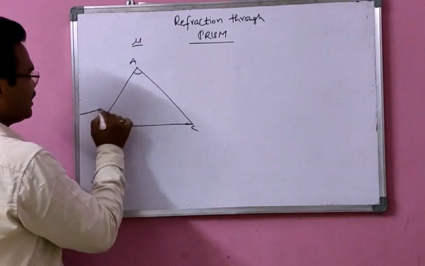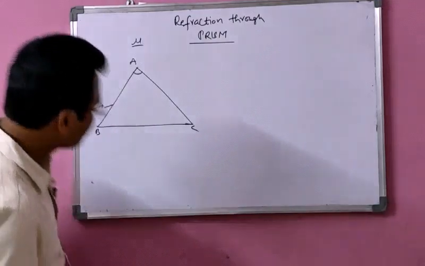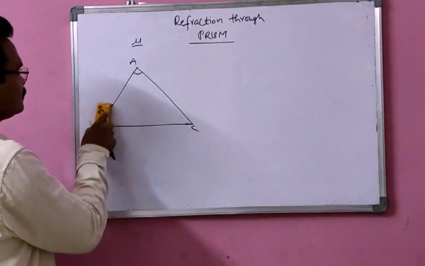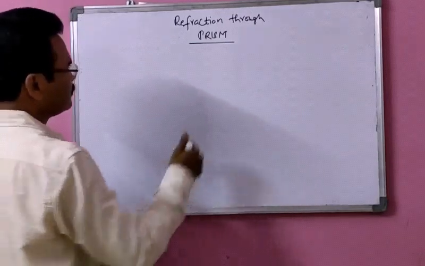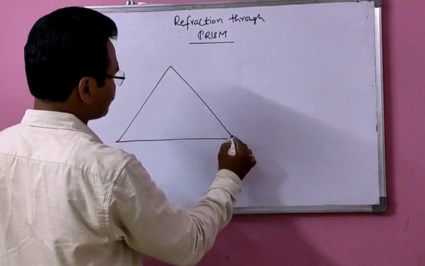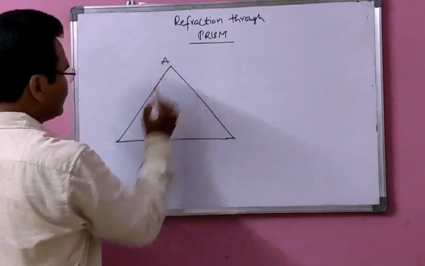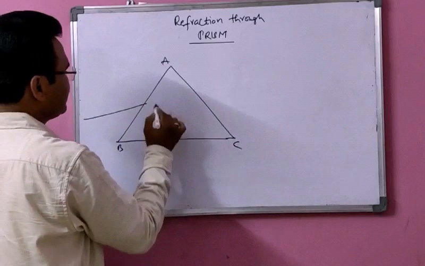and consider a ray incident like this. ABC, I'm drawing somewhat bigger so you can observe clearly.